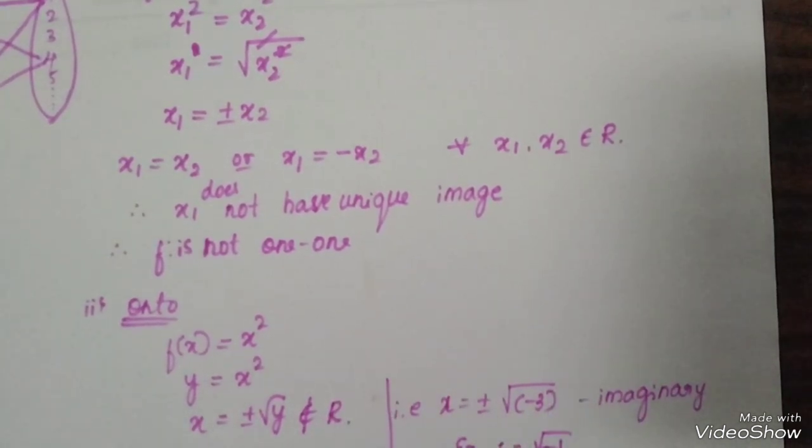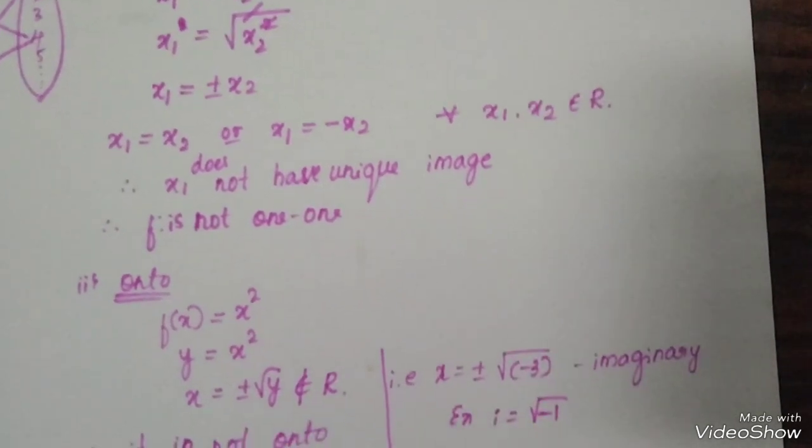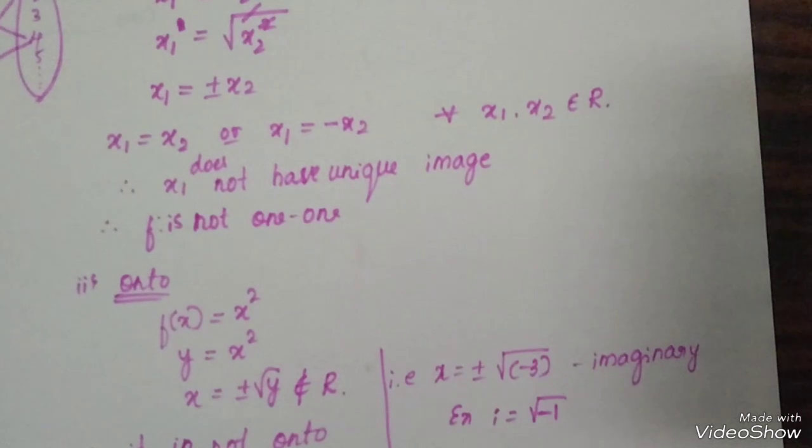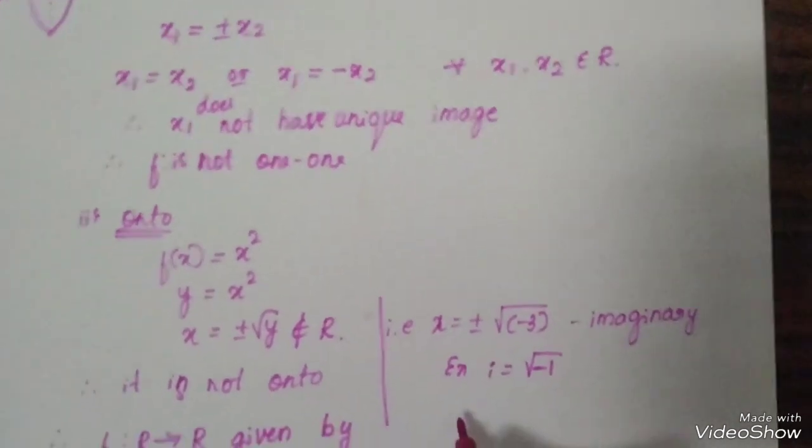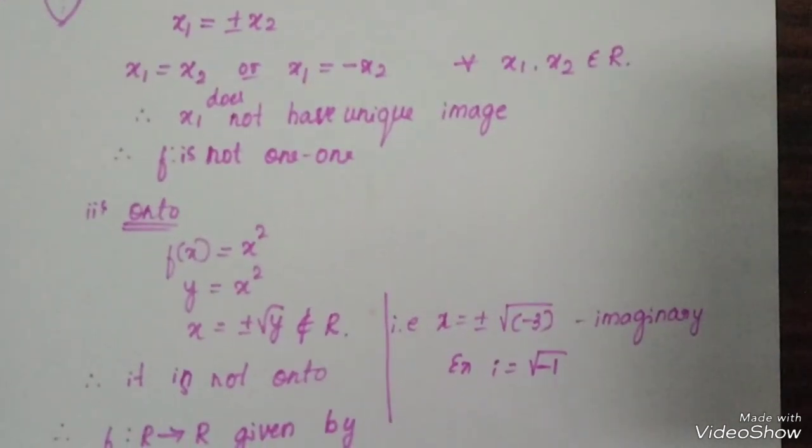For this condition it is not onto. Therefore, a function f from real numbers to real numbers given by f of x equals x square is neither one-one nor onto.